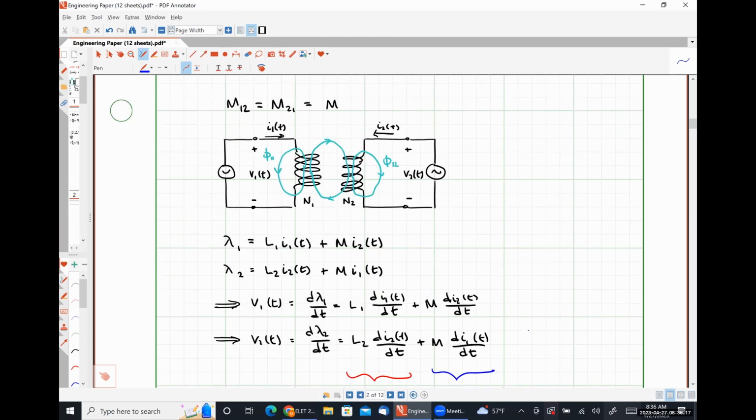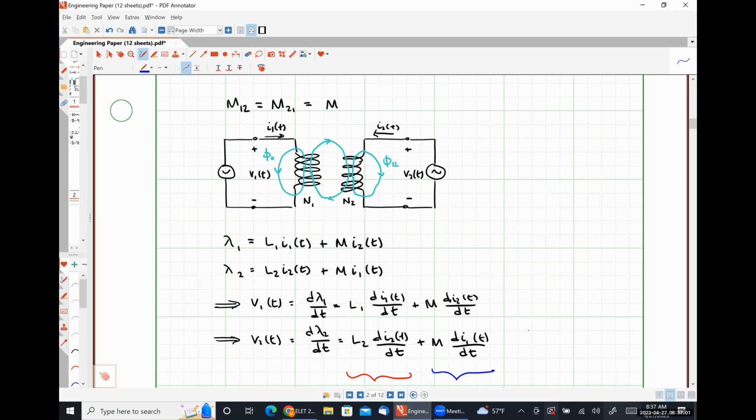And that's because the current I1 that's flowing through coil 1 generates a flux that passes through coil 1 and a flux that passes through coil 2. And similarly, the current that's flowing through coil 2 develops a flux that passes through coil 2 and a flux that passes through coil 1. So these two systems are coupled to each other through that mutual inductance term, right? So these are the concepts of self-inductance and mutual inductance.